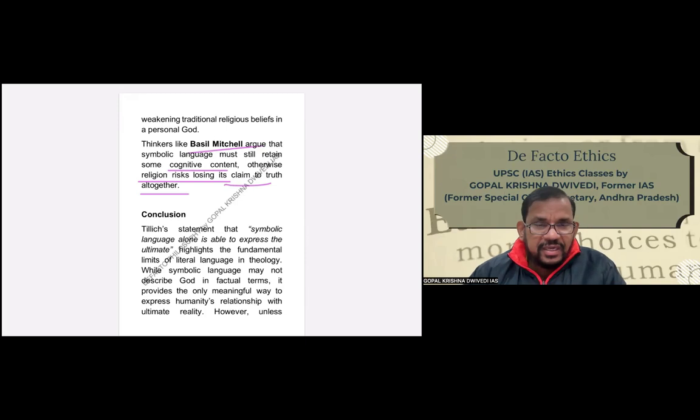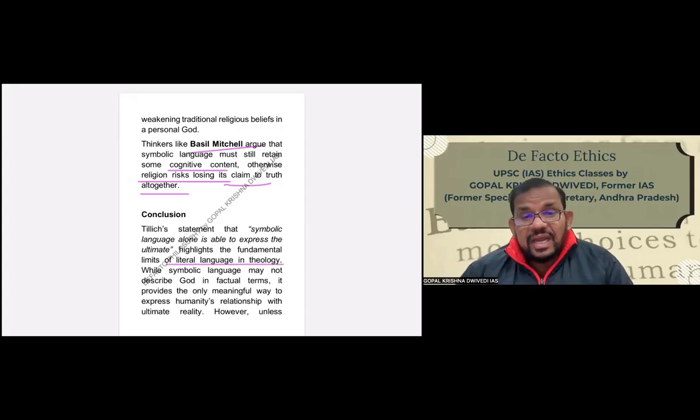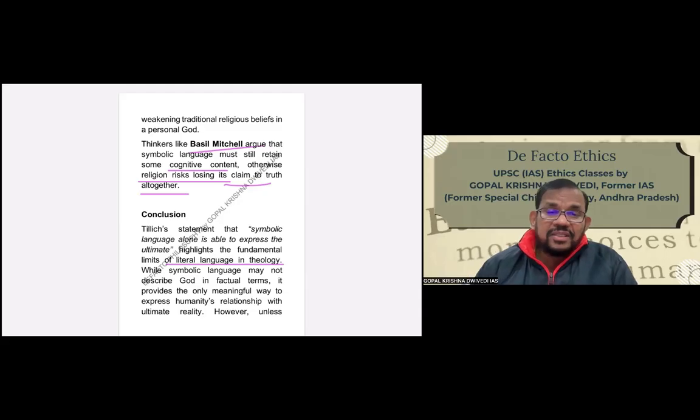Conclusion: definitely it has strength, because symbolic language alone is able to express the ultimate. This is the statement. It highlights the fundamental limits of literal language in theology. This is true. While symbolic language may not describe God in factual terms, it provides the only meaningful way to express humanity's relationship with ultimate reality.